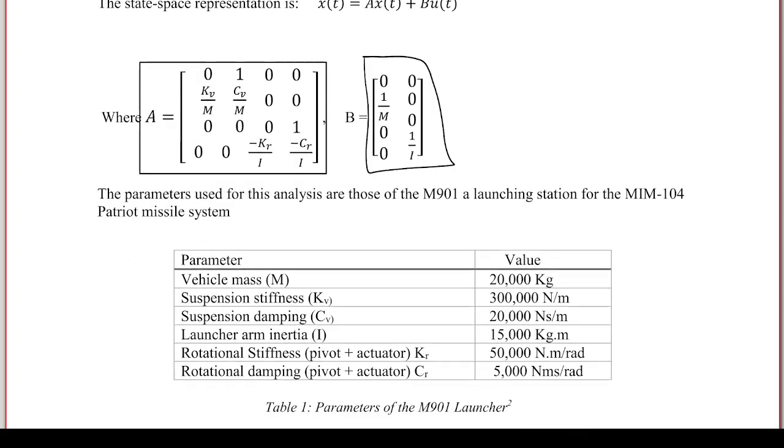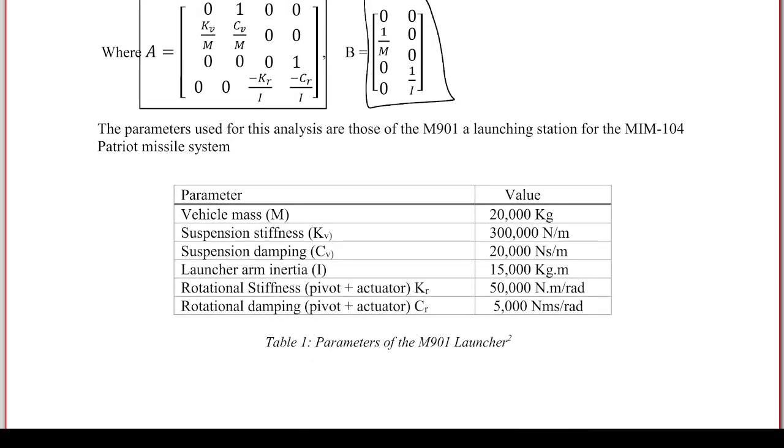From there, we chose one platform that I was fascinated by, and this project gave me an opportunity to study it. The platform we chose was the M901, a launcher station for the Patriot missile system. From our investigation, we found the values that match the variables we chose earlier.